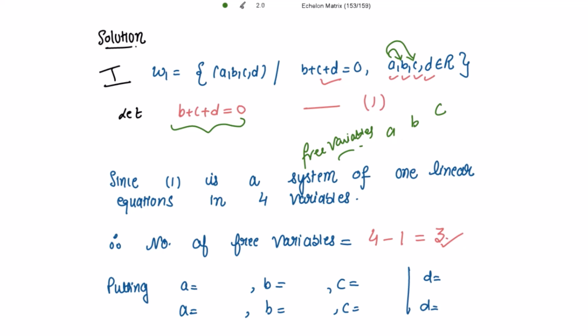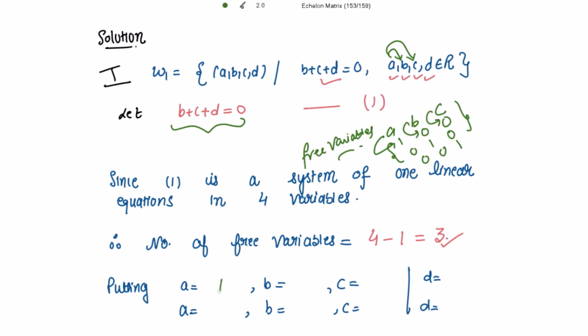As these are 3 in number, let's write the format of the 3 by 3 identity matrix over here. So 1 0 0, 0 1 0, 0 0 1. This is the format for giving the values to A, B and C, which means we are giving the value of A to be 1 and B to be 0 and C to be 0 first.